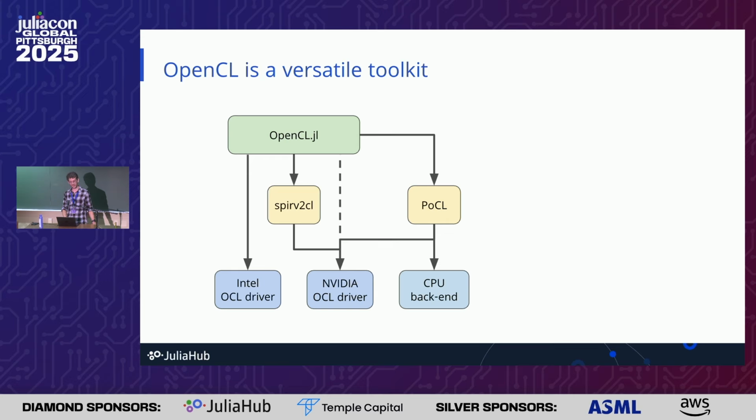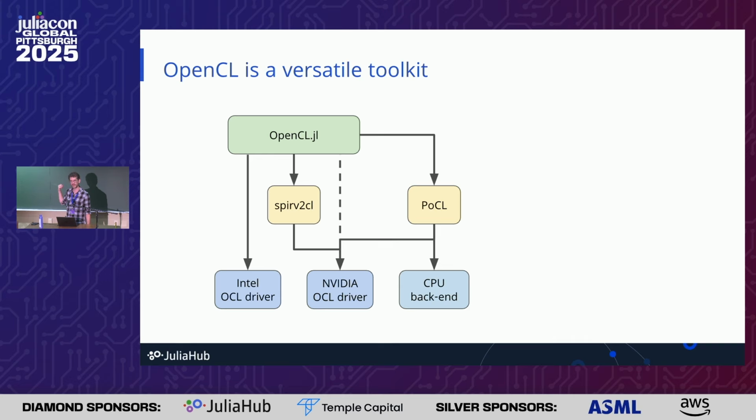We're also investigating some other possible routes of using backends such as NVIDIA's, which only supports OpenCL-C, and that is by using the SPIR-V to CL binary. SPIR-V to CL is a project that aims to cross-compile SPIR-V code back to OpenCL-C.